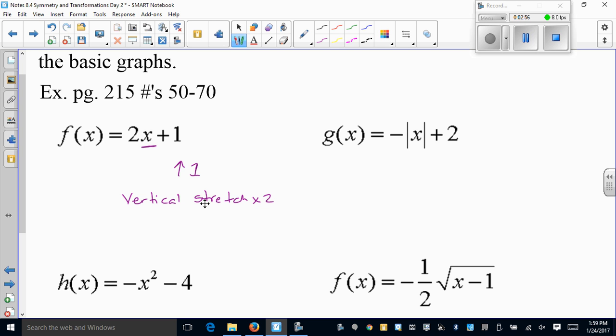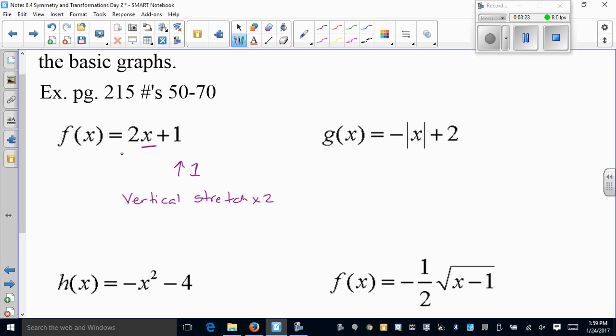So this is where we go back to our original notes, and if you look at the stretch and shrink and so on and so forth, a vertical stretch is when you have the 2 in front of the f of x. And that's going to affect it. And so that's what's going on with that.